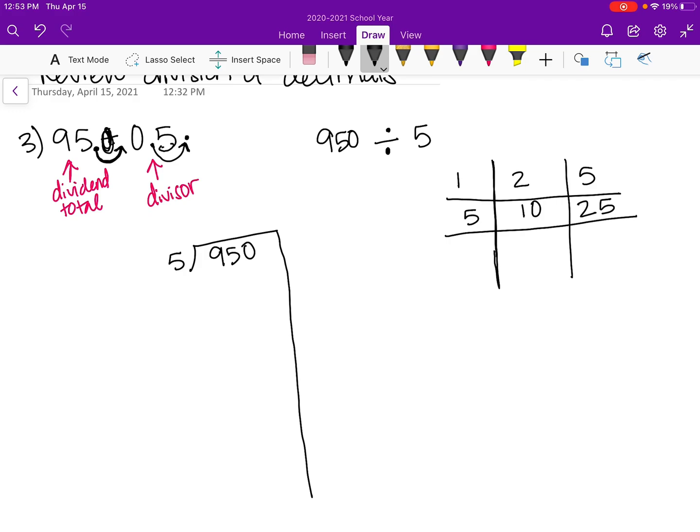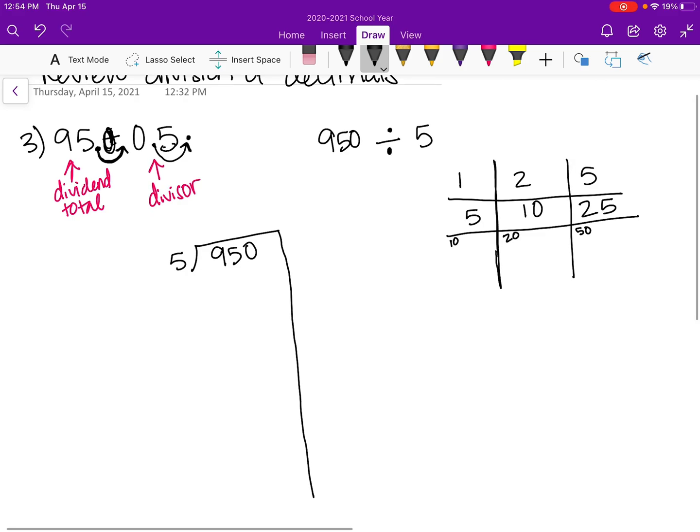Now, 25 is nowhere close to 950, so I'm going to keep going until I get more than 950. So now I'm going to do 10 times 5, 20 times 5, and 50 times 5, which is very convenient because we just add a 0 to what we already had. So I have 50, 100, and 250.